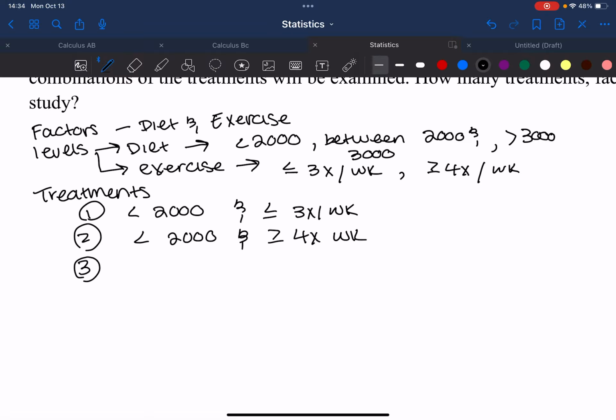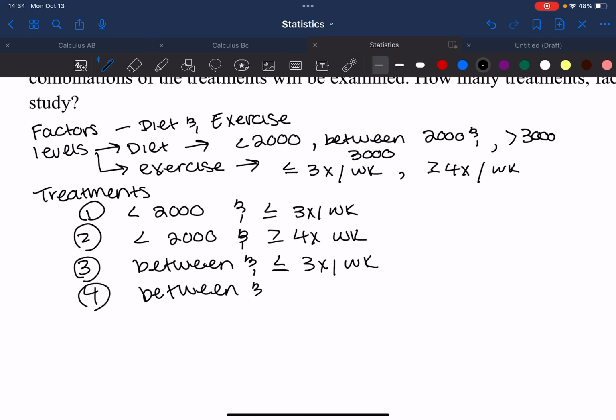The next one would be between 2,000 and 3,000 and less than or equal to 3 times per week. The next one would be between 2,000 and 3,000 and greater than or equal to 4 times per week. The fifth one would be greater than 3,000 and less than or equal to 3 times per week.